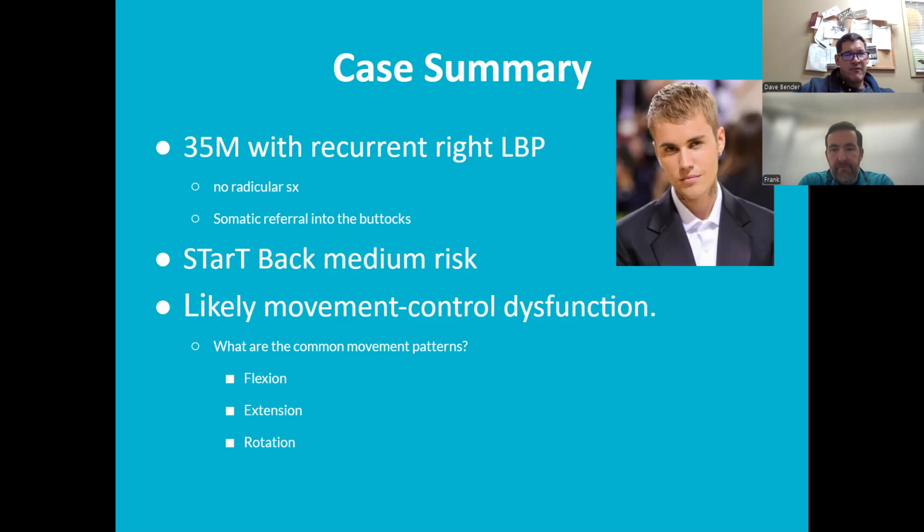Now, this 35-year-old male with recurrent right lower back pain could be coming in with somatic pain. I always keep my mind open, though, because many times I see somebody come in with somatic pain with no radicular symptoms, and then 3 days later, because of the inflammation around the nerve, they develop radicular symptoms. So these can be shifting cases, and I keep my mind open to that.